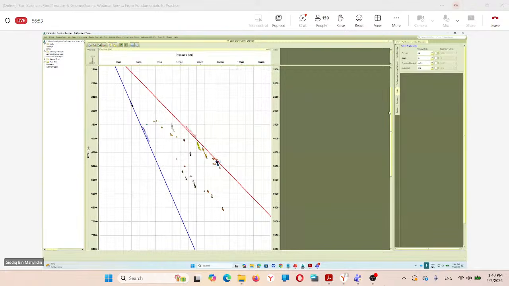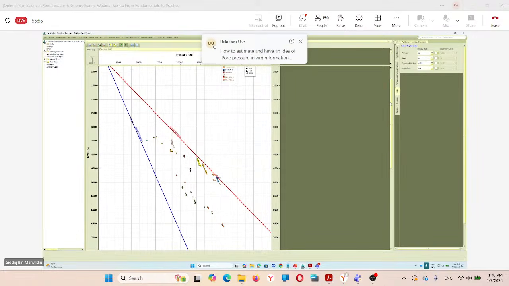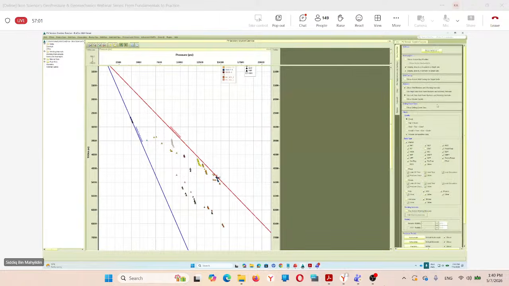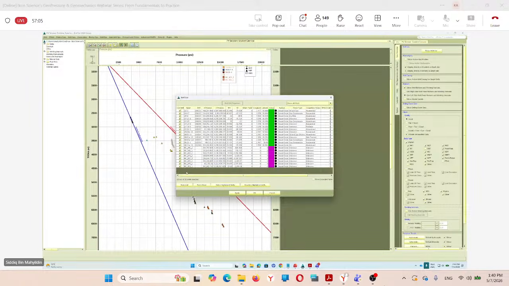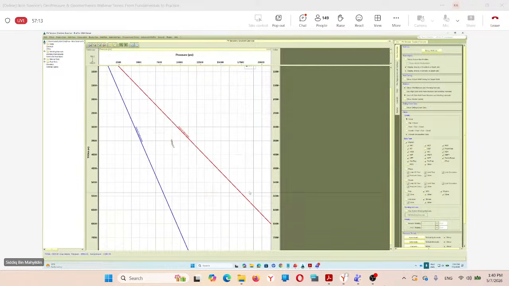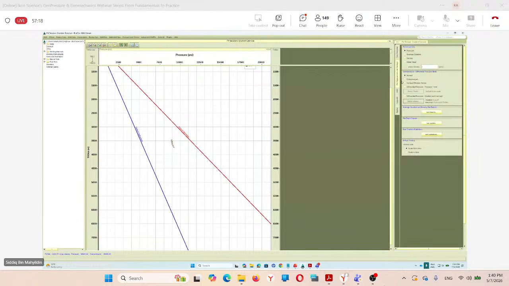But let's take a look at one well and how we can analyze the well. For example, if I choose this well over here, so select none. I want to take a look at only 300711Z. Okay, this well over here, but I want it to be in feet.